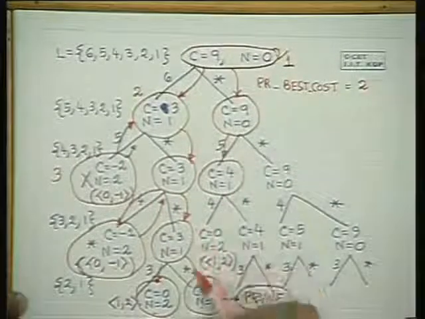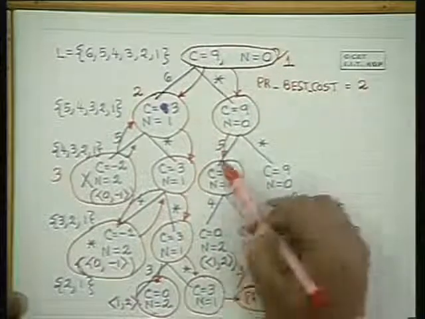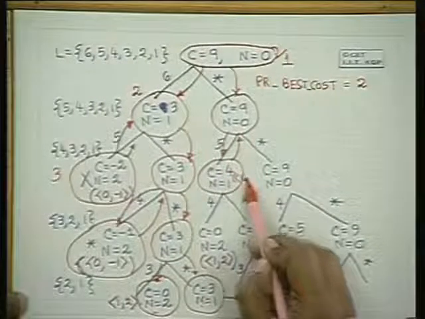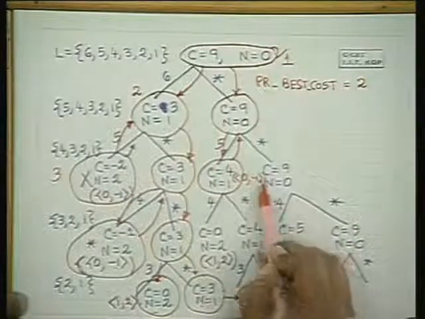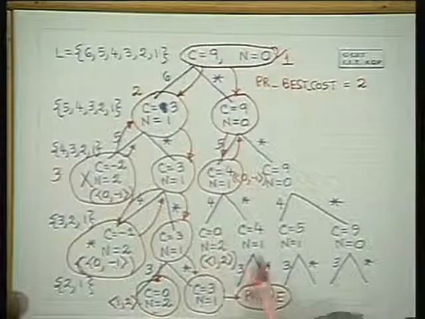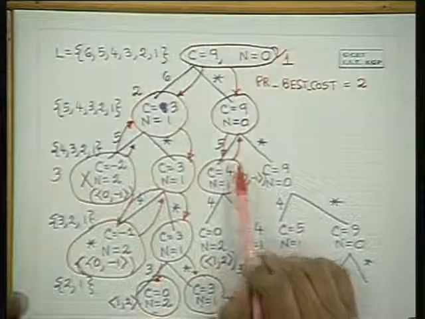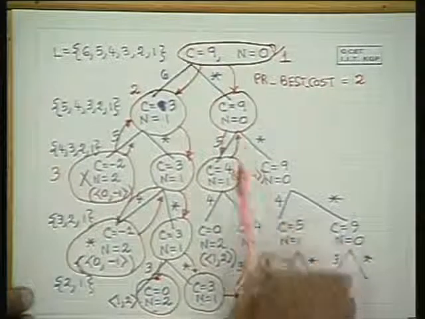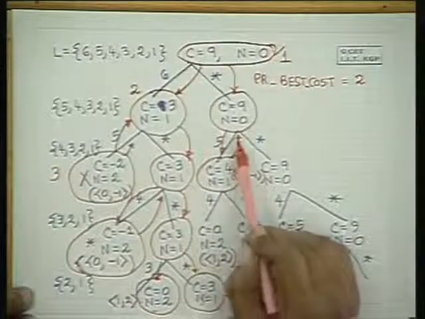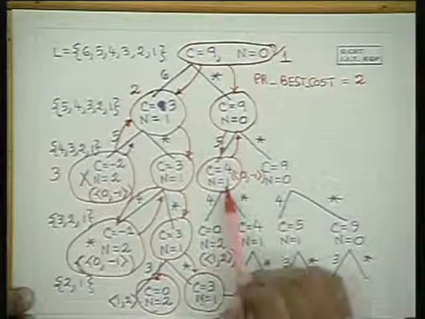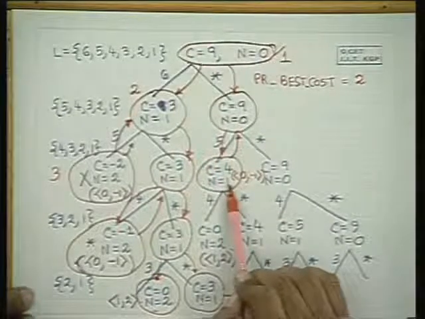And look, even if there is a solution below this, I still prune and return 0 minus 1. Why? Because I know that whatever the solution, even if there is a solution below this point, that solution is not going to be better than the best solution that I have already got. Therefore, I will simply get out and come out. This is the pruning step of branch and bound.